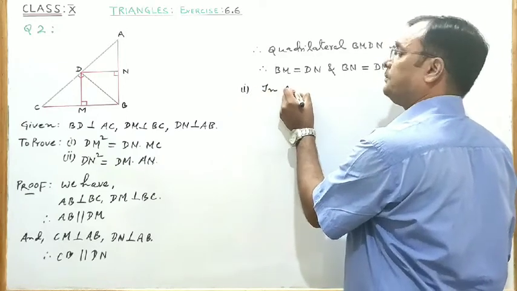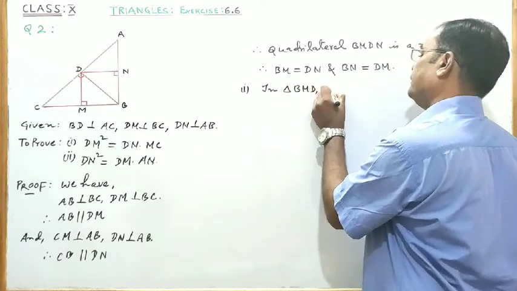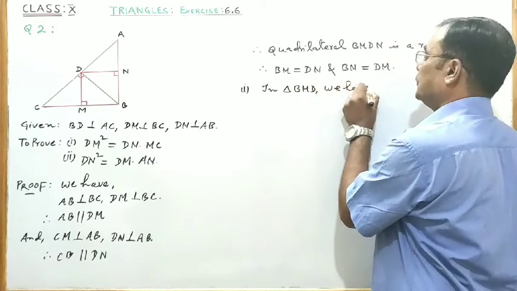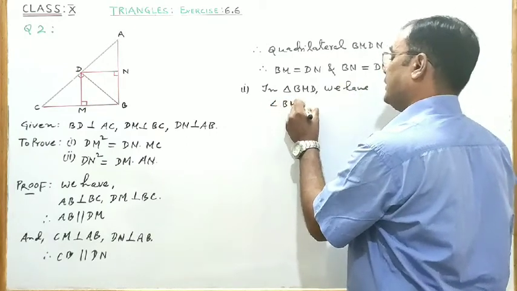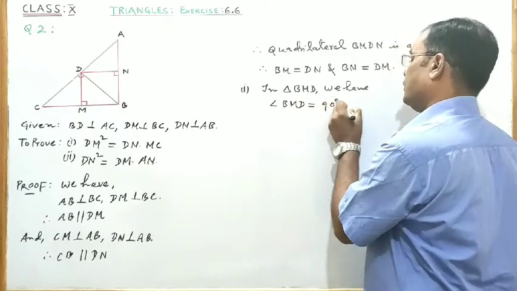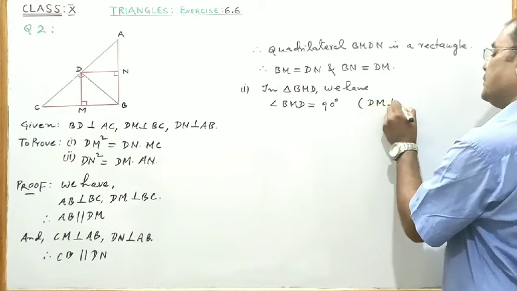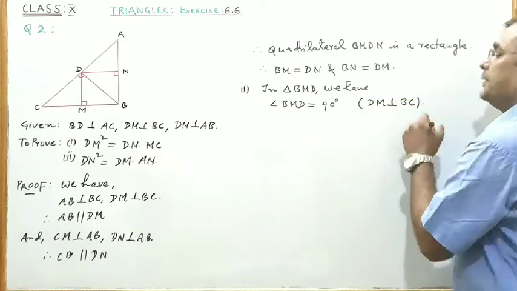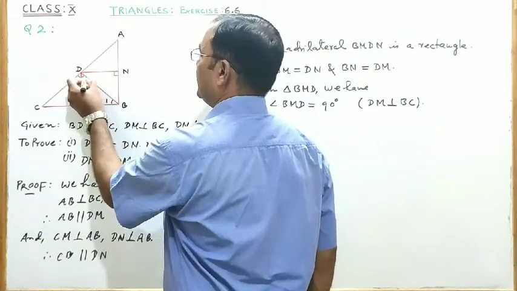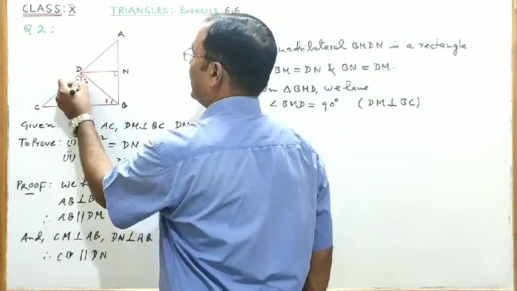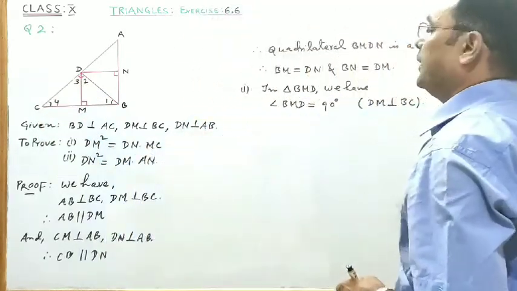In triangle BMD, we have angle BMD is equal to 90 degree because DM is perpendicular to BC. Let this angle be 1, this angle be 2, this angle be 3 and this angle be 4 in the given figure.